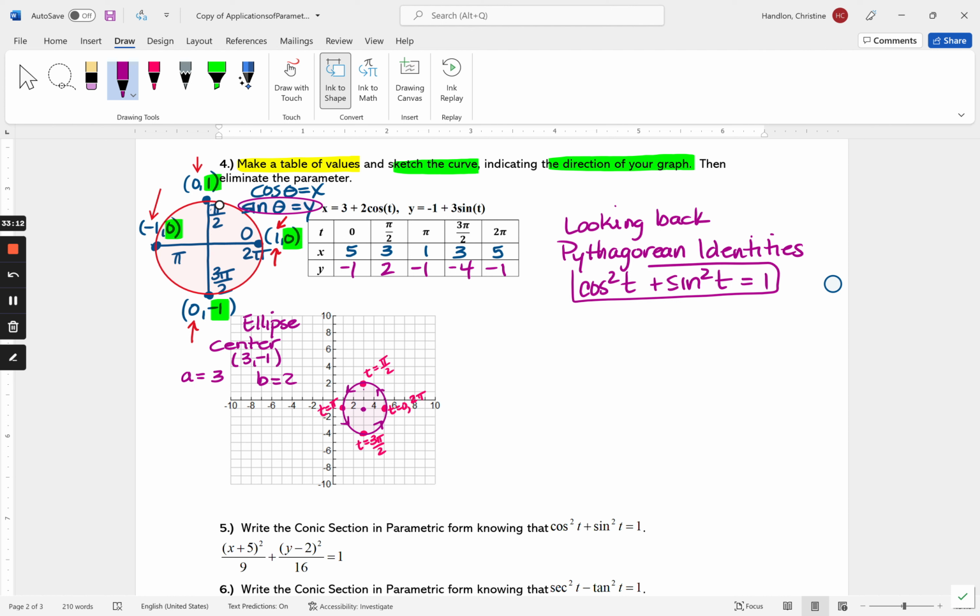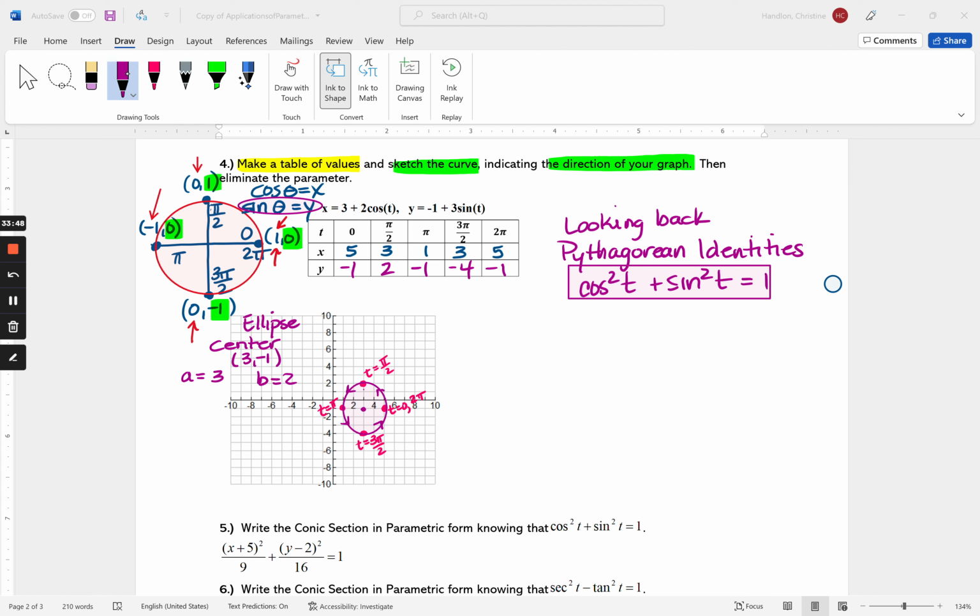This was one of those formulas that you guys had to learn last semester. So what I'm going to have you guys do is replace those values with the equations that we have. But we need cosine and we need sine. So here's what I want you to notice. For x, we are going to need to solve for cosine.